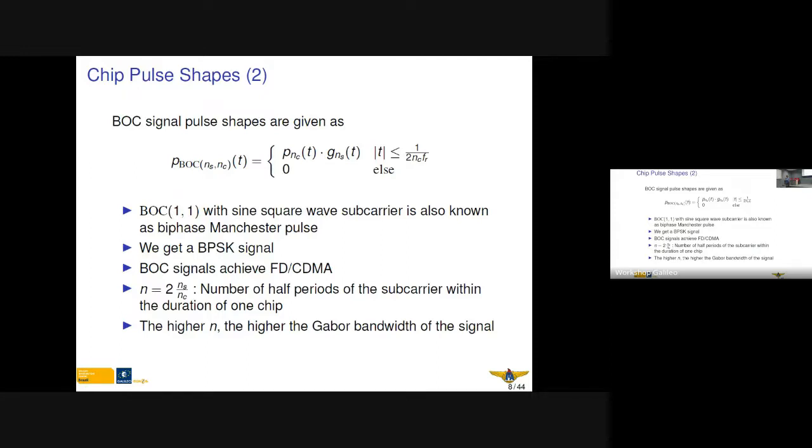And with this, we can implement the frequency division part of the FD-CDMA approach. This is used, for example, to separate military services or the public regulated service of Galileo from the open services, so that they are spectrally separated.